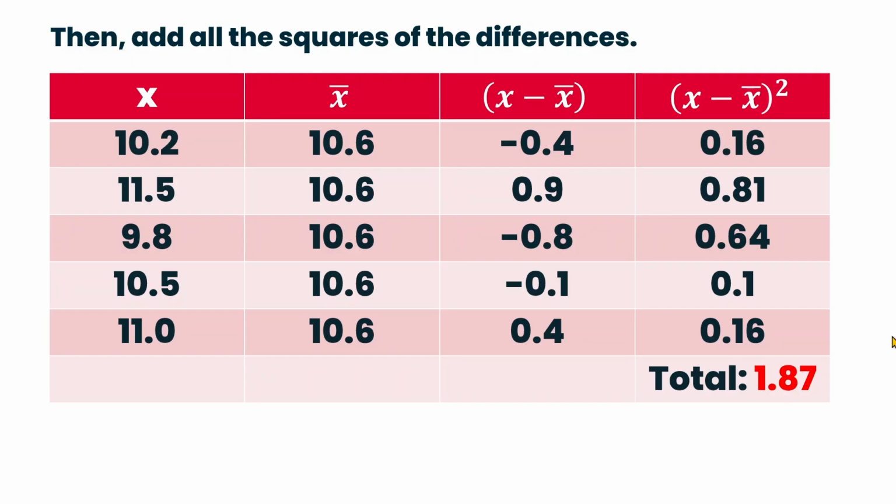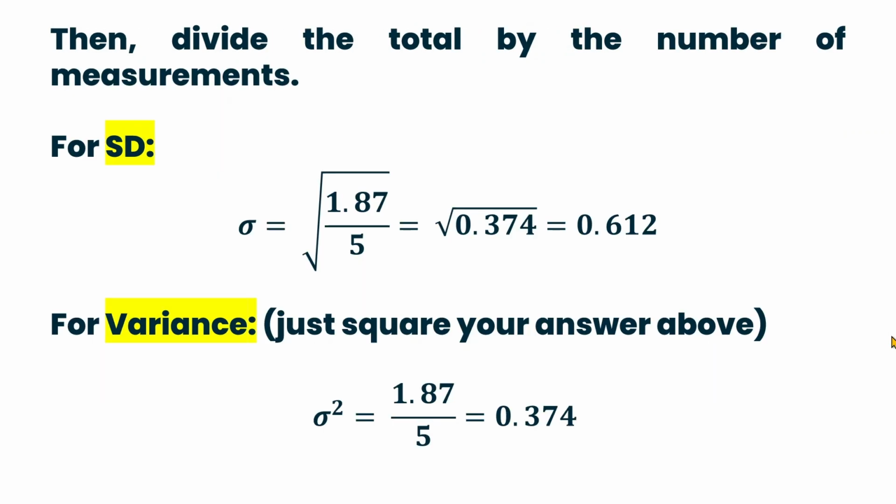We have 5 measurements: 10.2, 11.5, 9.8, 10.5, and 11.0. So 1.87 divided by 5, for standard deviation, we just have to divide it by 5 first. The answer is 0.374. Then take the square root of 0.374. The answer is 0.612. So that's the standard deviation.